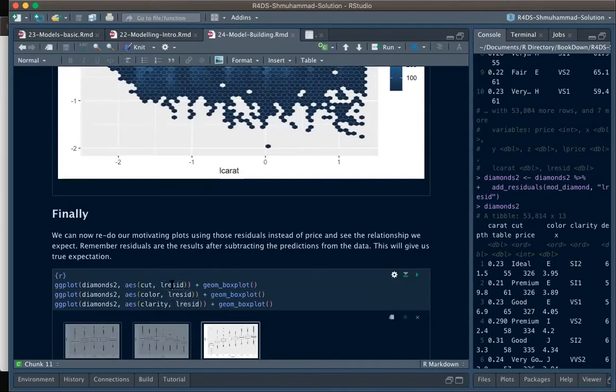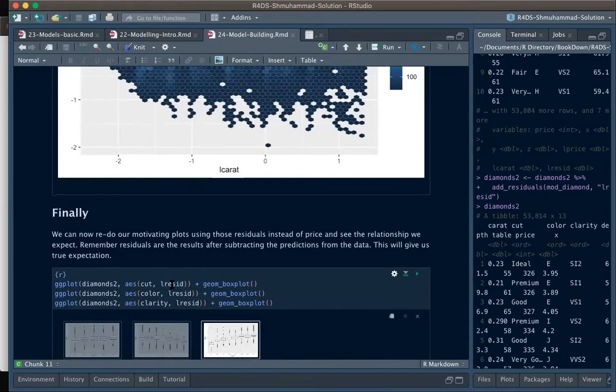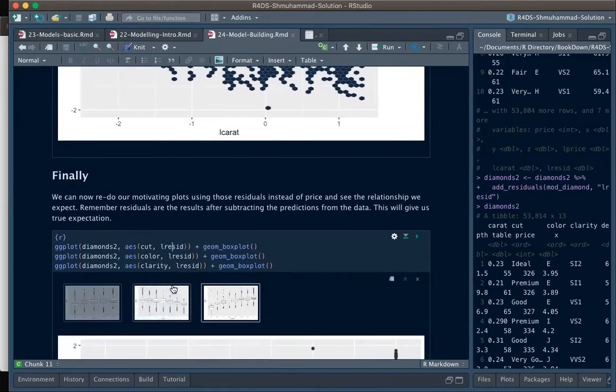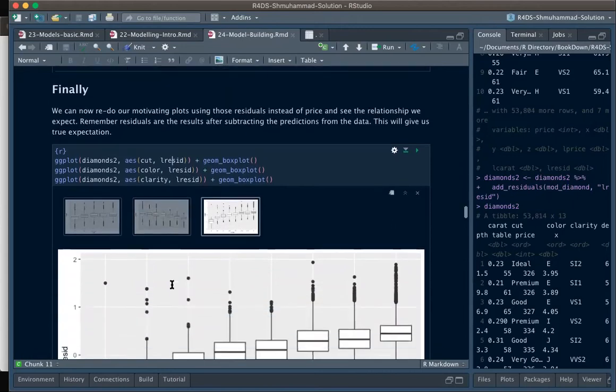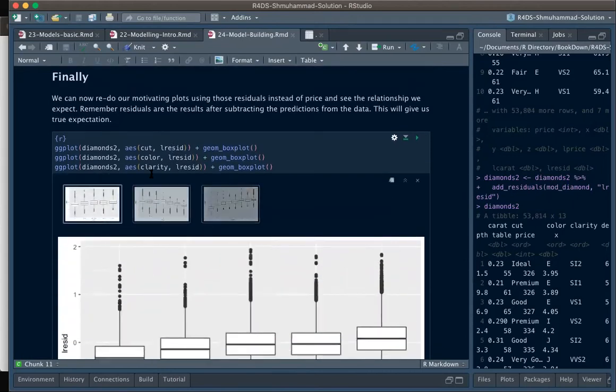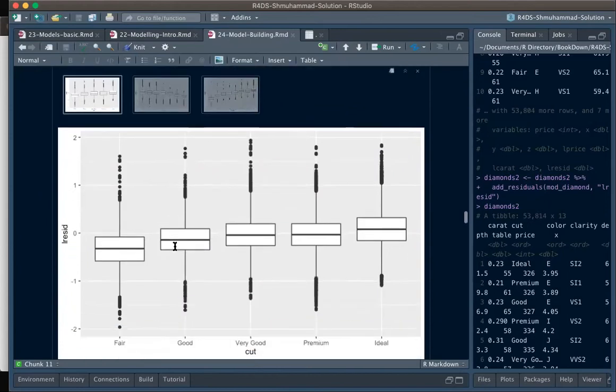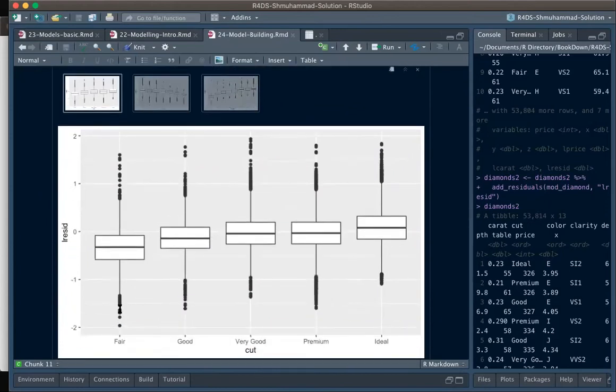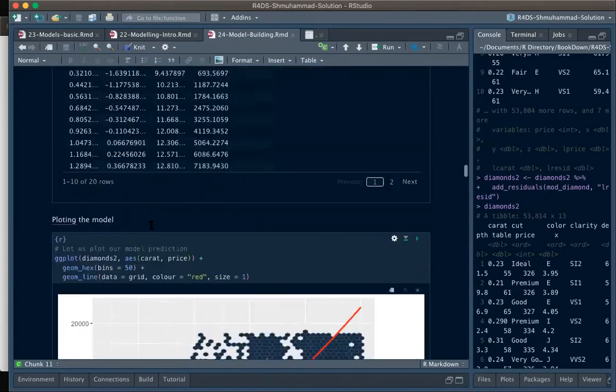So if we do it with the residuals, this will give us the true picture of these patterns in the data. So let's look at the first one where we have the cut. You can see the price. Can you see, this is the cut, this is the log residuals. Look at it here. If you look at the first case, we have this one.